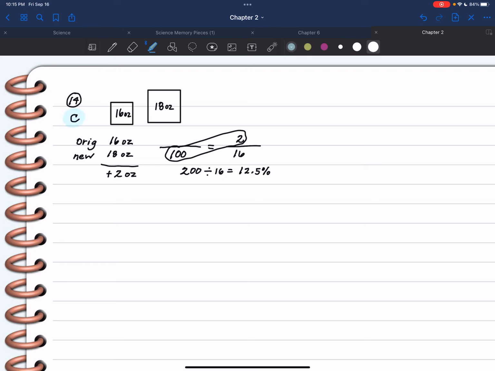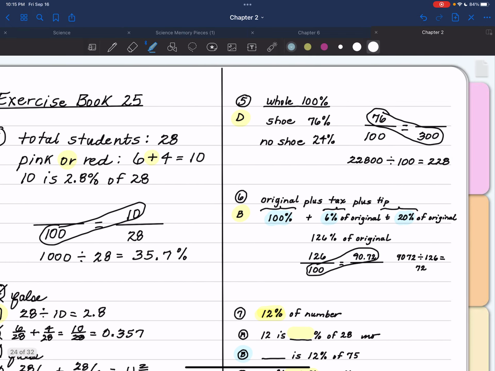All right, let me go to the back and we will check these answers. This is page 27. There it is. And I'll have to go back to number 9.